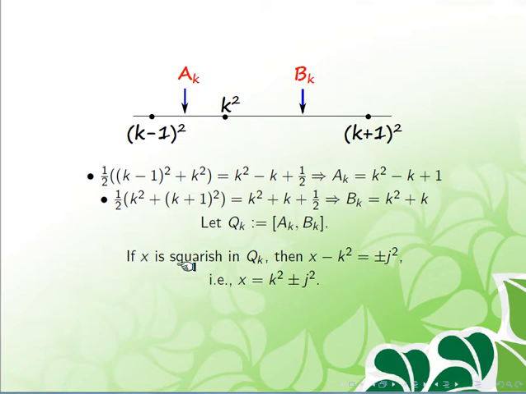If x is a squarish number in Qk, compared always with this k squared, that means x minus k squared is either positive j squared or negative j squared. The difference must be a perfect square. So if we rearrange it, x is always of the form k squared plus or minus another perfect square.